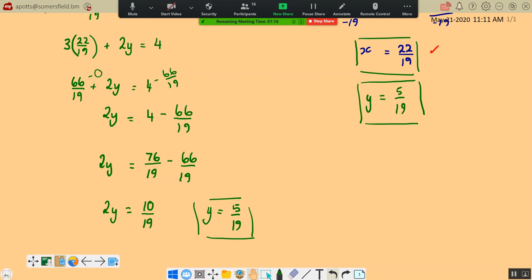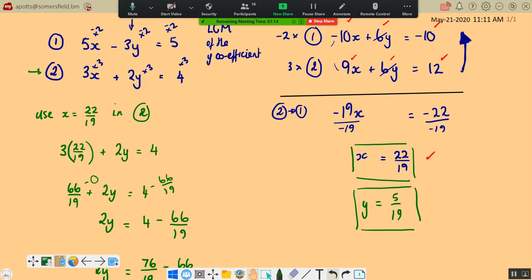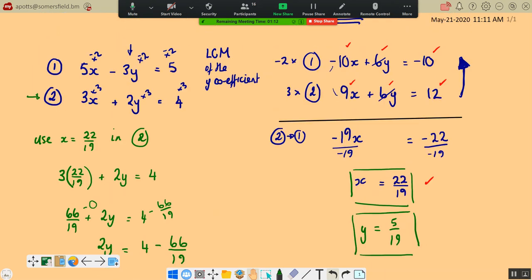But let's just go back up to where we started, which is the important bit, which is you first off have to make one of your variables, either the x or the y, the same amount so that it's not impacting the change in the answer, okay? Then you figure out how much the variable that changed the answer has changed the answer, okay?